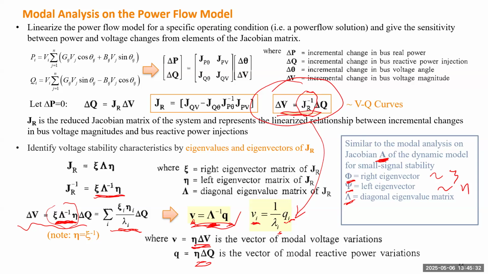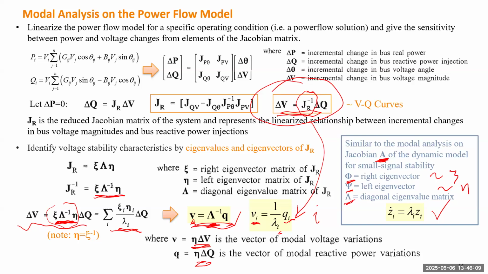Okay. So if you pick any single equation here with any I, that tells you the VQ curve for each individual mode of voltage stability. That has a similar idea to this equation. Remember, for small signal stability study, we utilize the diagonalization and decompose the system regarding the eigenvalue. Finally, in the new space of Z, each Z state variable is independent from any other Z. So this one is characterized by a single eigenvalue lambda.